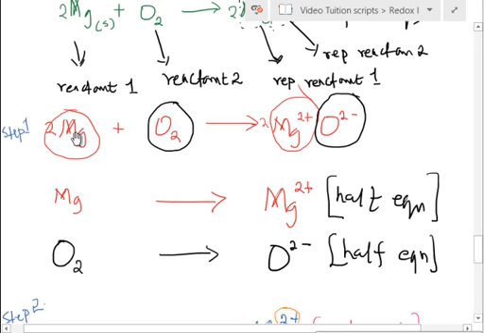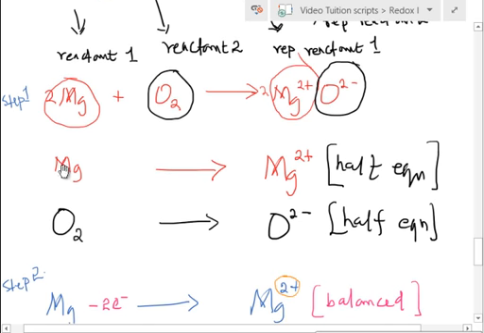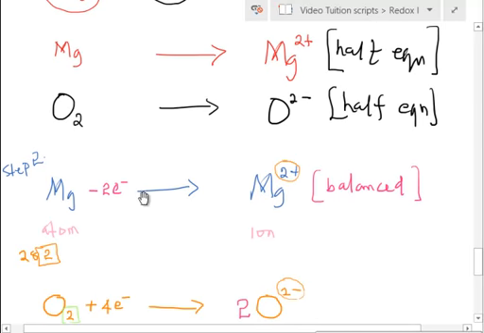If we split these two, we have this for the magnesium side and this for the oxygen side. This is the magnesium half of the equation, that is the oxygen half of the equation, and we have written the half equations already. But the only problem is that the half equation might not be balanced.